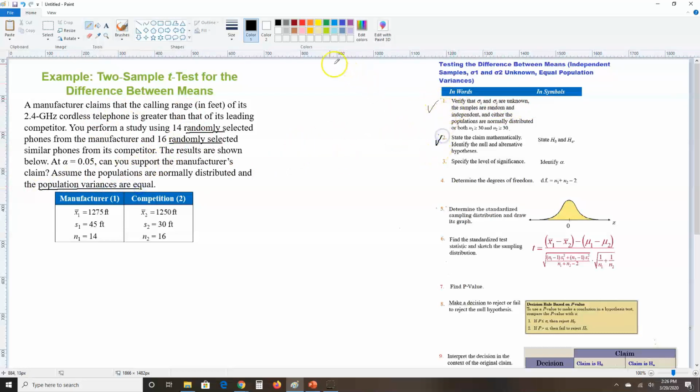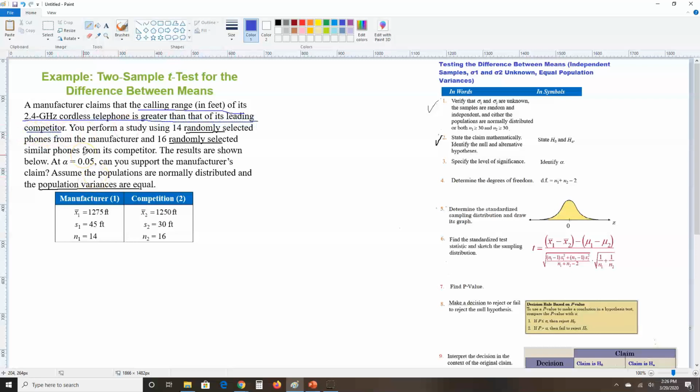Step 2, we're going to underline the claim and write it mathematically. The claim was in the first sentence: that the calling range in feet, the average distance of its 2.4 gigahertz cordless telephone, is greater than that of its leading competitor.